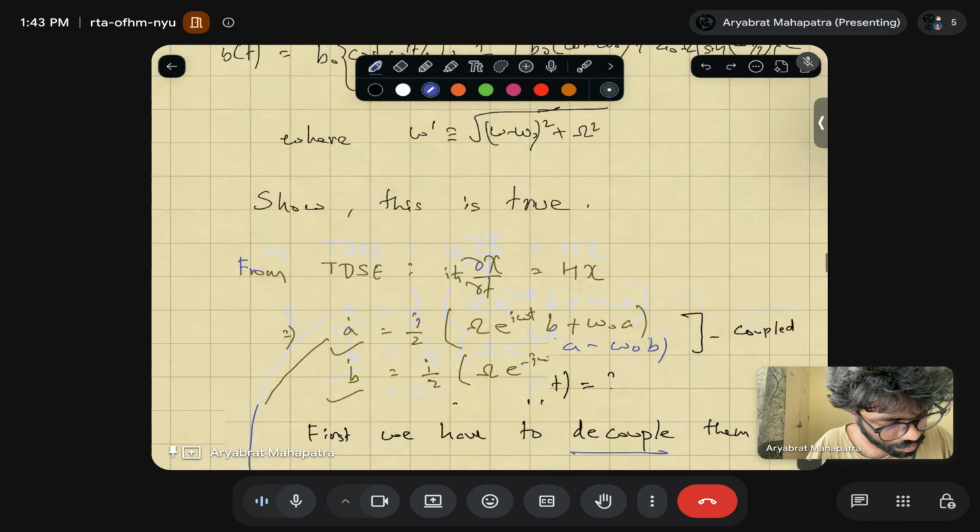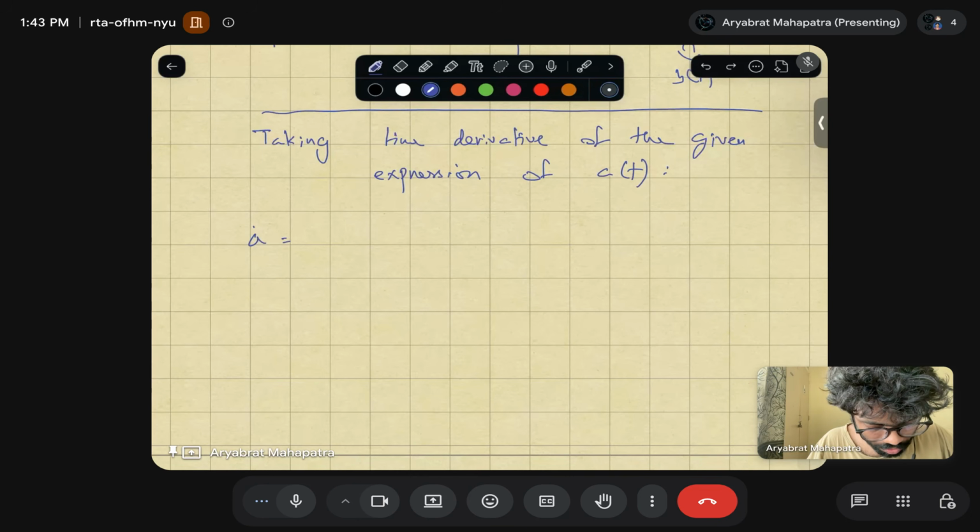So from the first term you will get, cos omega prime t by 2 has derivative minus sine, so it's minus omega prime a naught sine omega prime t by 2.